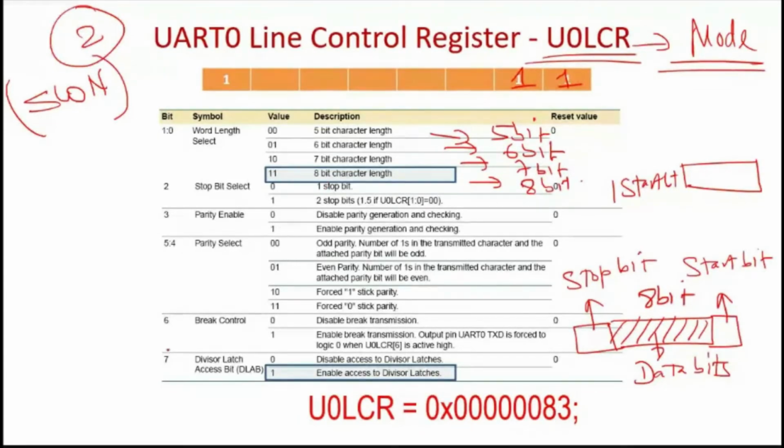And the 7th bit is called the DLAB bit. DLAB means divisor latch access bit.